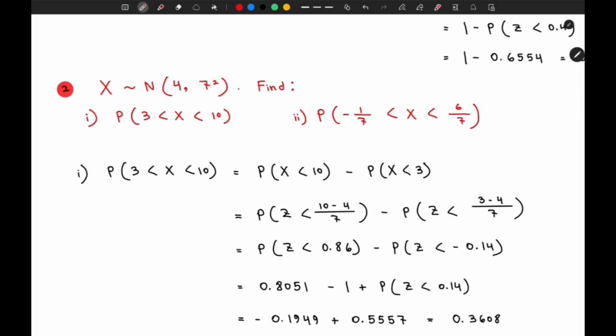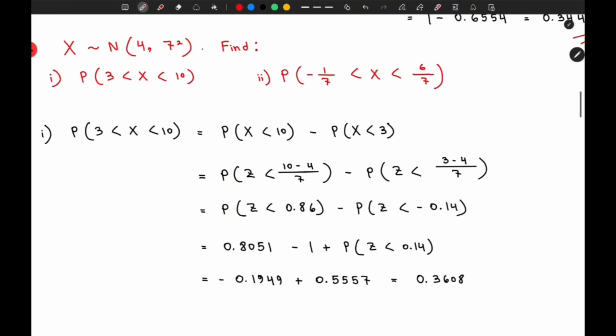Now let's look at another question. x is normally distributed across the mean as 4 and the variance as 49, or 7 squared. First of all, they'll tell you to find out the probability of x is greater than 3 but less than 10. So you can write it in this form, which is probability of x is less than 10 minus the probability of x is less than 3.